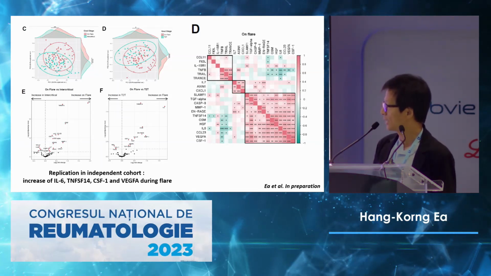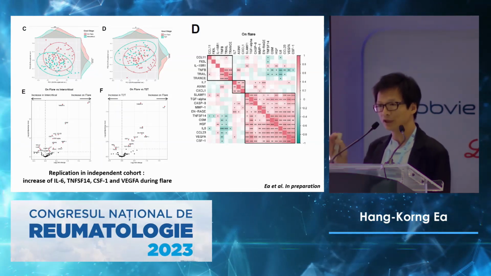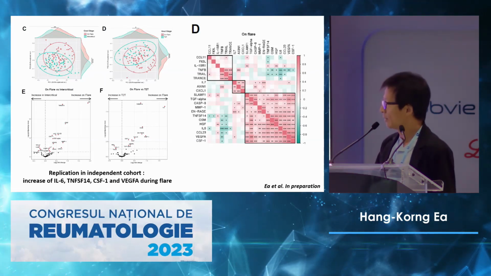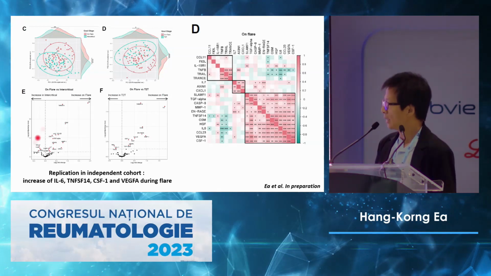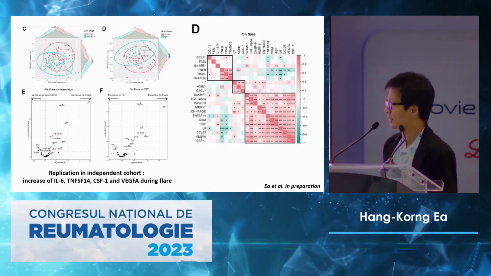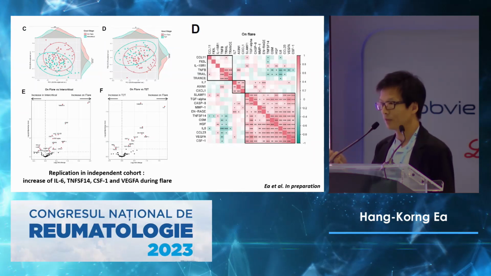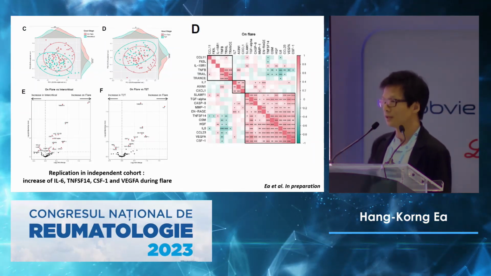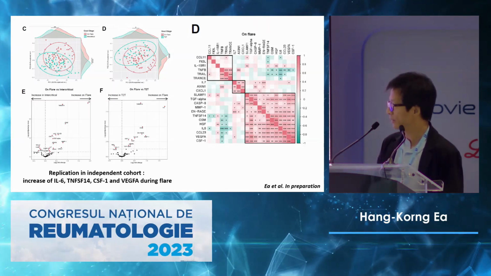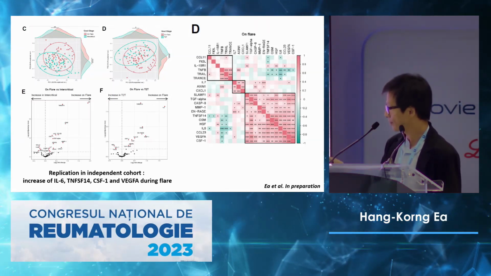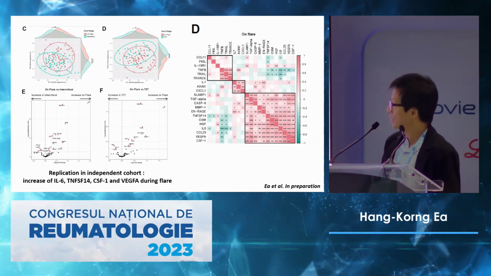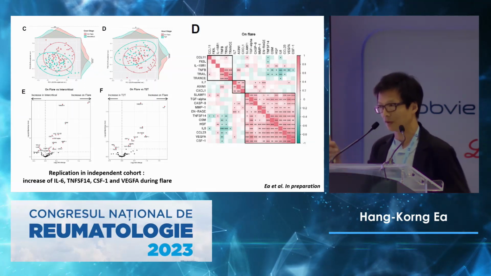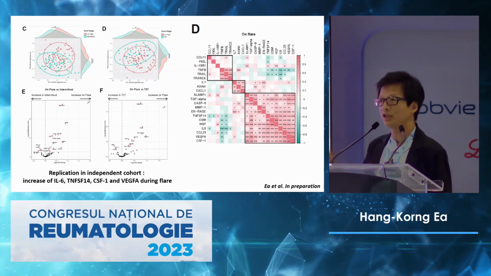And we observe that there are 21 proteins which were differently expressed. The most important are these 4: IL-6, TNF soluble family member 14, colony stimulating factor 1, and the growth factor VEGF-A. And these different proteins are very strongly correlated to each other, and especially to the CRP level.